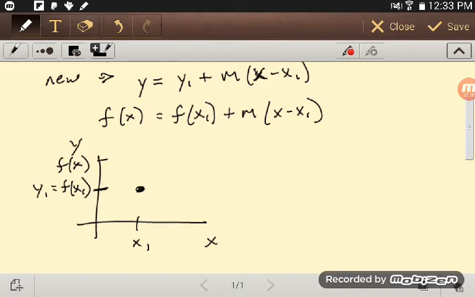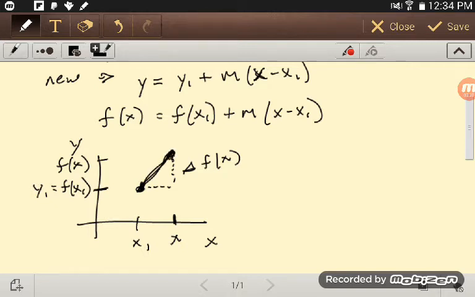And so if I want to go out here to this x to find that f of x, you can think of it as starting here and then doing that change in x to there multiplied by the slope, which gives me that change. So there's the change in f of x that I needed to get to there.